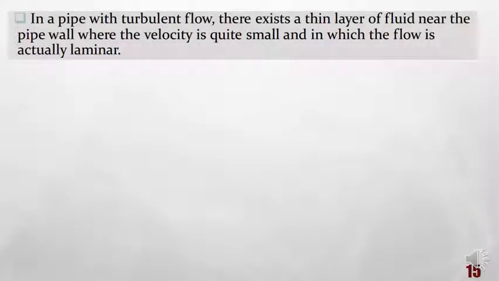So why does it become like that? As I already explained a bit before, in a pipe with turbulent flow, there exists a thin layer of fluid near the pipe where the velocity is quite small and the flow is actually laminar.